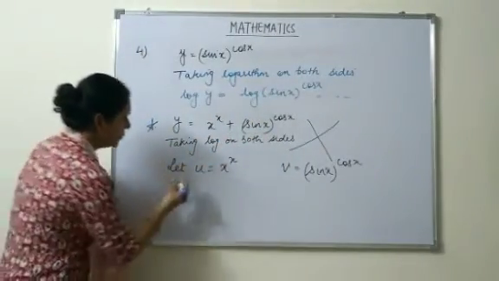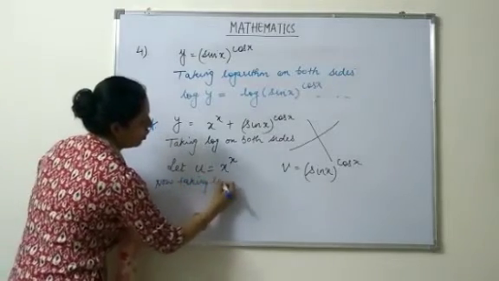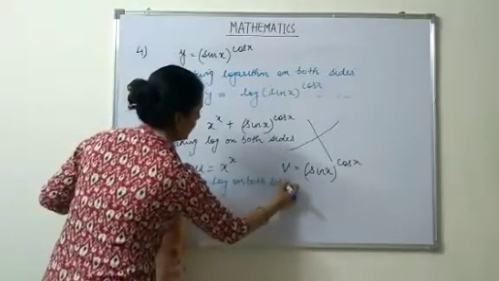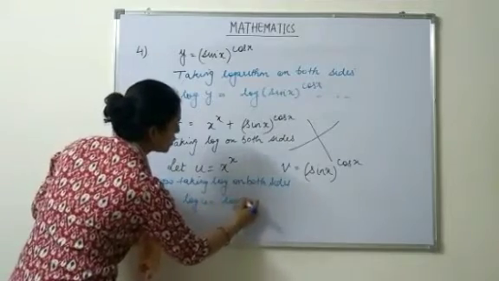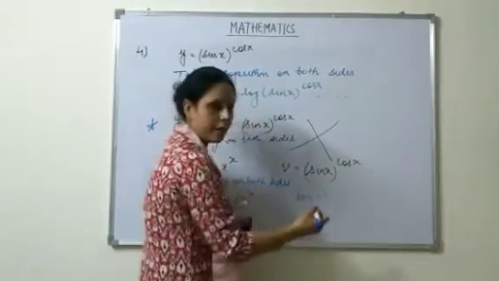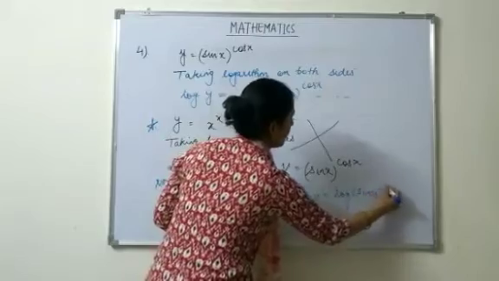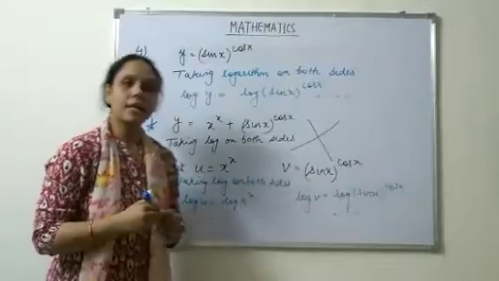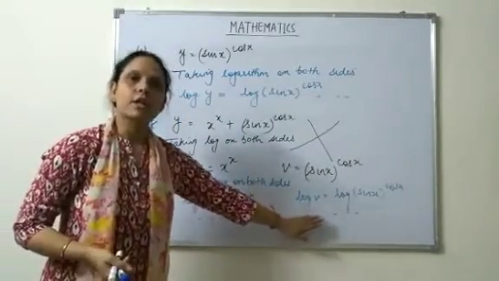Taking log on both sides, you will get log u is equal to log x to the power x. Similarly, here you will get log v is equal to log sin x to the power cos x. Then you solve these two separately and then you add the differentiation of both the sides and get your required answer.